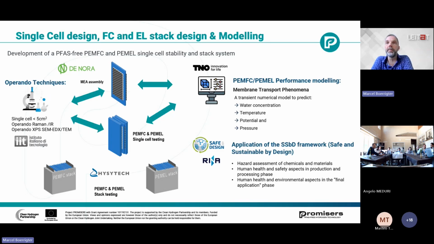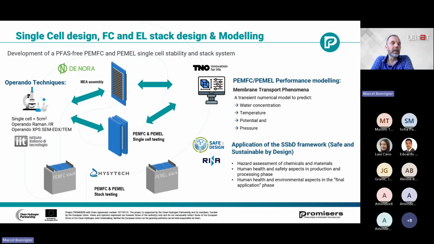We are also keeping in mind safe-by-design, using solvents that are not toxic, which can be scaled up. And then afterwards we are going to single cell testing and short stacks for fuel cells and electrolyzers.